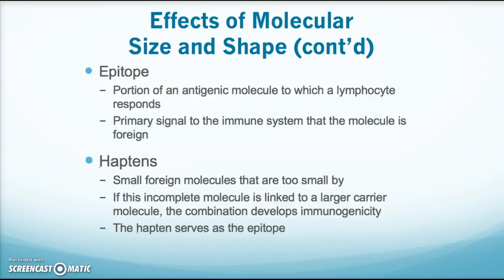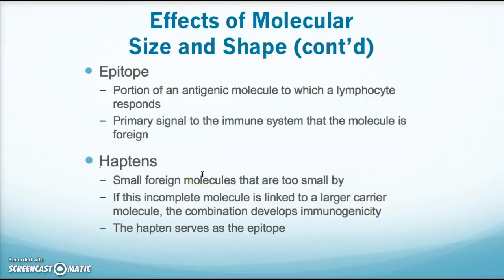When we're looking at that molecular size and shape, the epitope is that portion of the molecule that the lymphocyte is actually going to respond to. The epitope is what signals the immune system that the molecule is foreign. So it's that portion that flags it as being foreign. And we can have something called haptens, and you want to think about these as very small epitopes that are too small to be recognized.